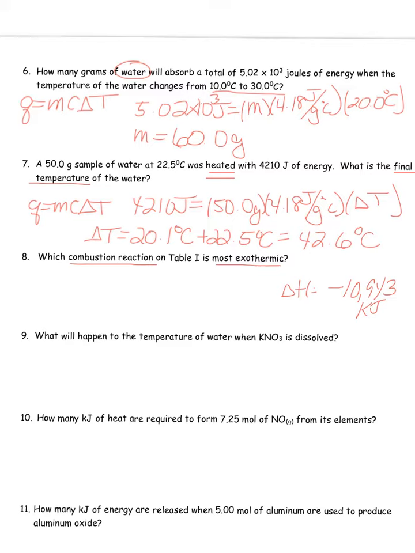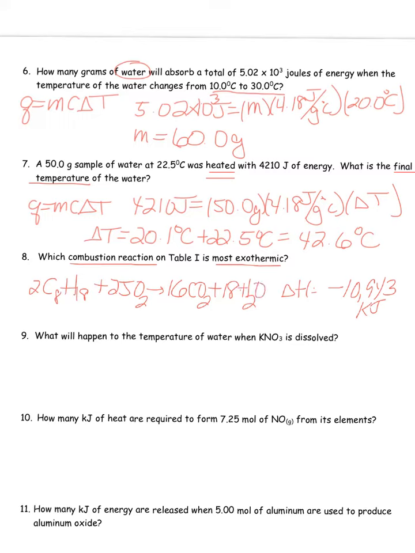And that is for the reaction of the combustion of octane, C8H18. Remember, combustion always has oxygen, in this case 25 oxygen molecules, and it always produces carbon dioxide and water. Again, I'm just copying this straight off of table I.